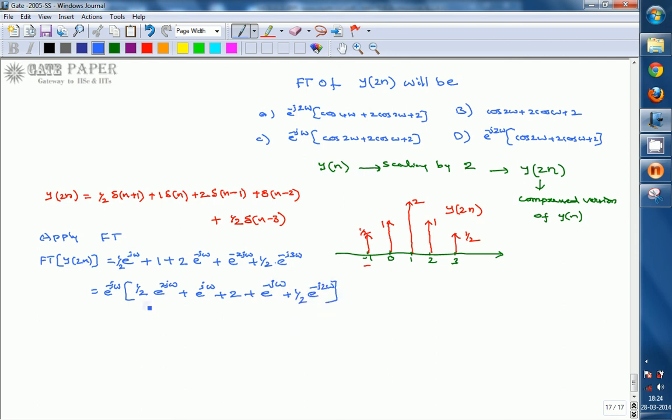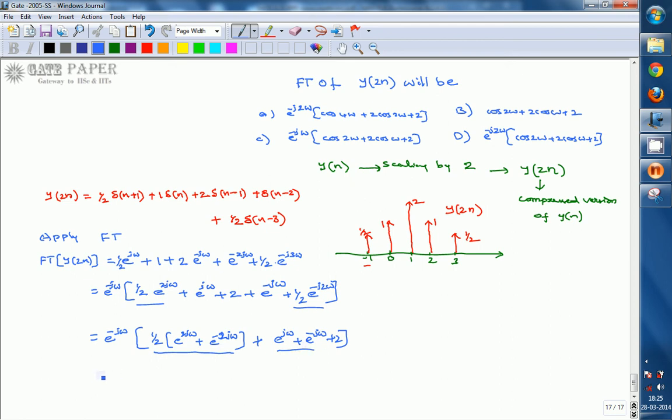Here out of these two we can take 1 by 2 as common, then we can write it as e power minus j omega of 1 by 2 of e power 2 j omega plus e power minus 2 j omega, plus e power j omega plus e power minus j omega, plus 2. Then we know that the first expression indicates cos 2 omega, and this indicates 2 cos omega.